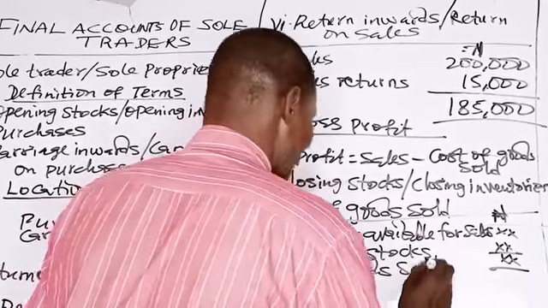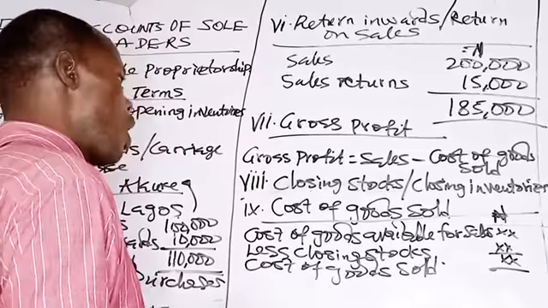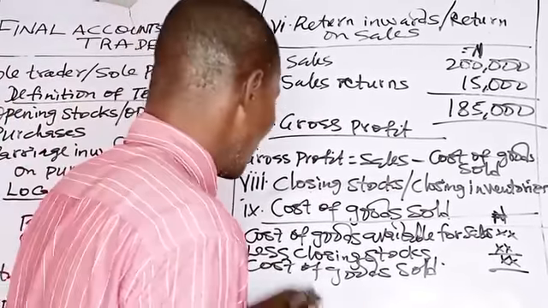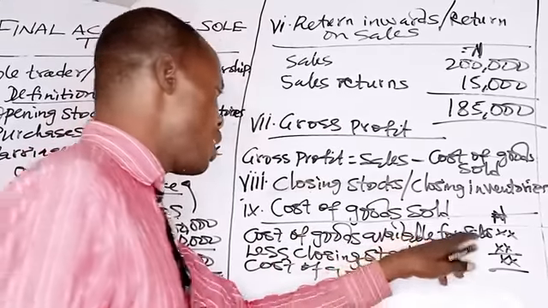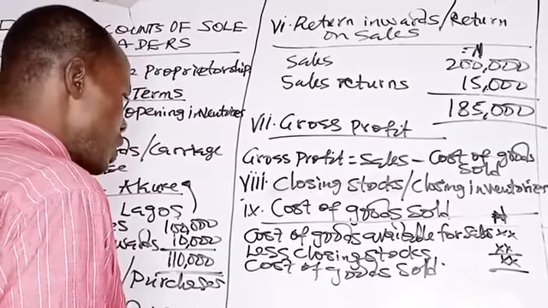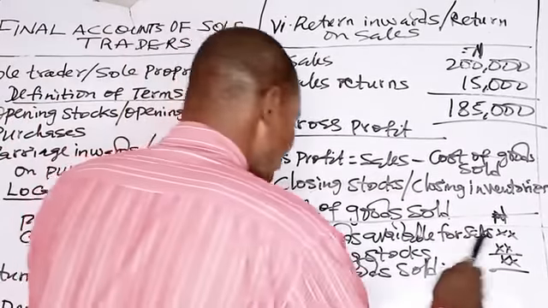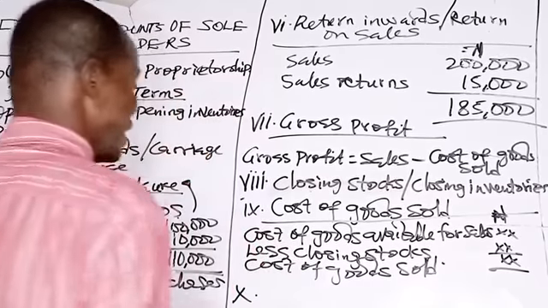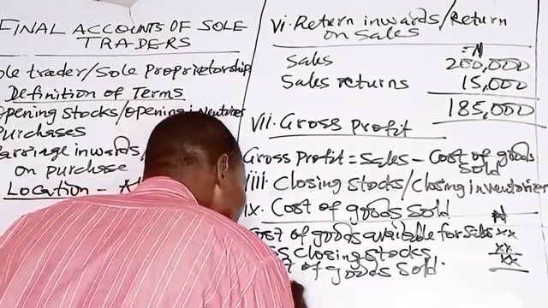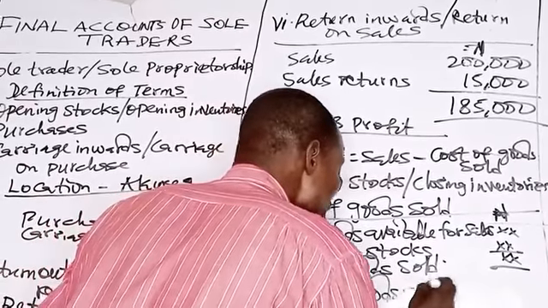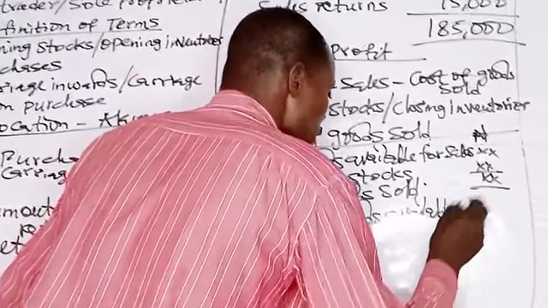That is why I said cost of goods sold is cost of goods available for sales less closing stocks. That will give you cost of goods sold. Number 10, cost of goods available for sales.